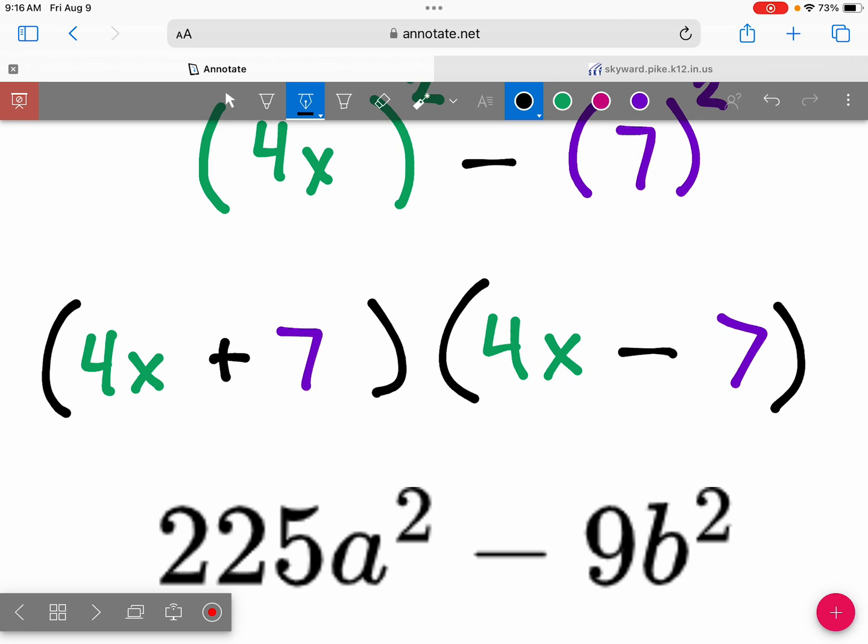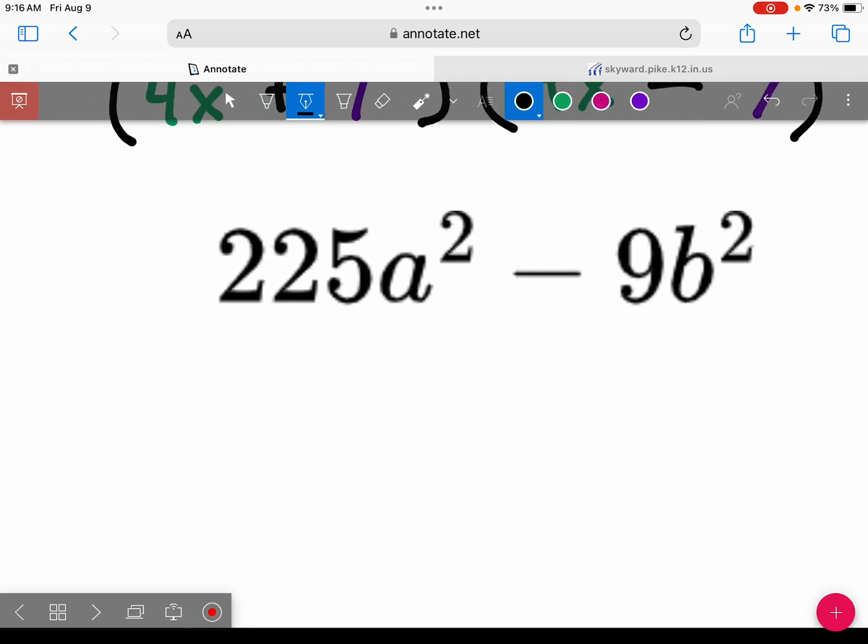Does this have a GCF? 3 does fit, but is there a bigger one? 9. 225 is divisible by 9. What is 225 divided by 9? 25. Okay. So this does have a GCF of 9 that we need to pull out first.